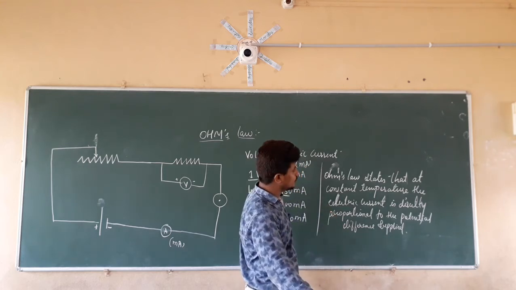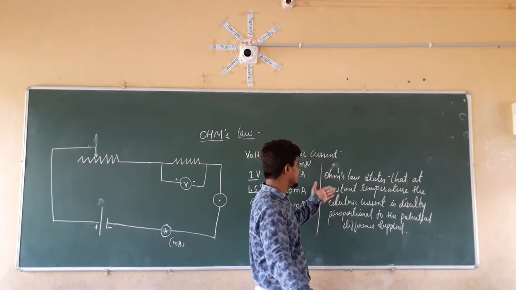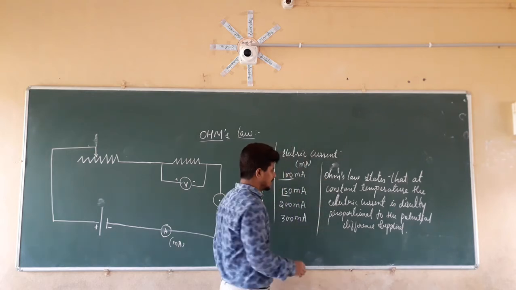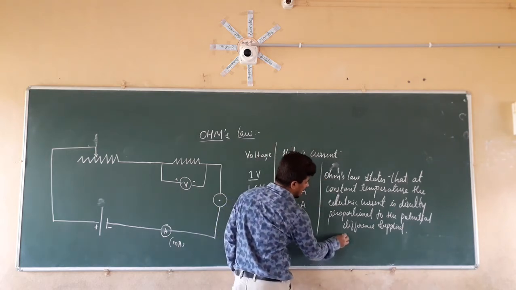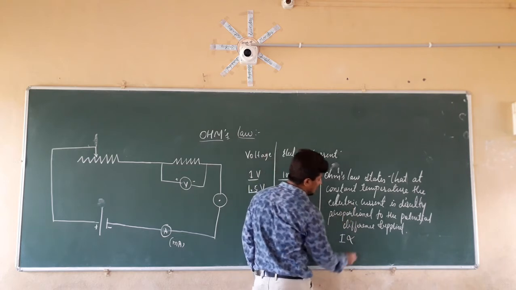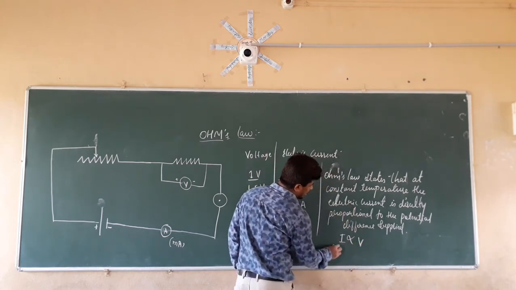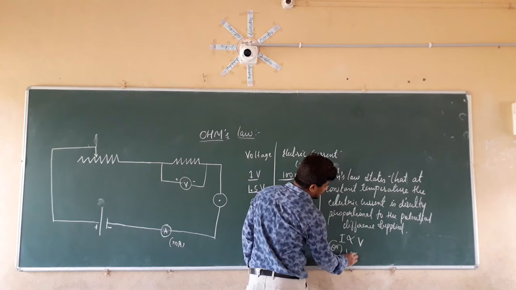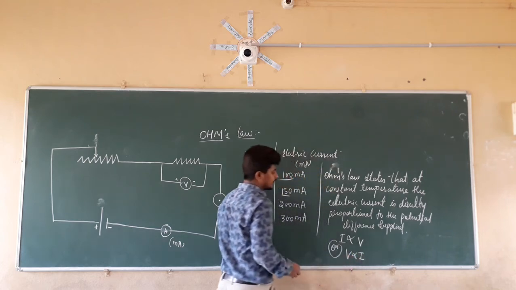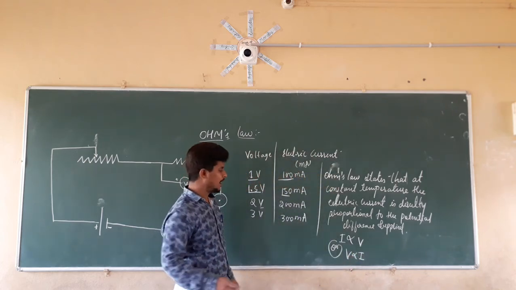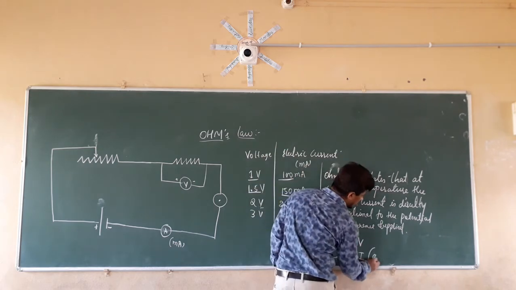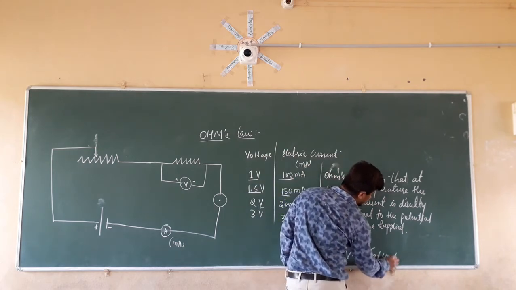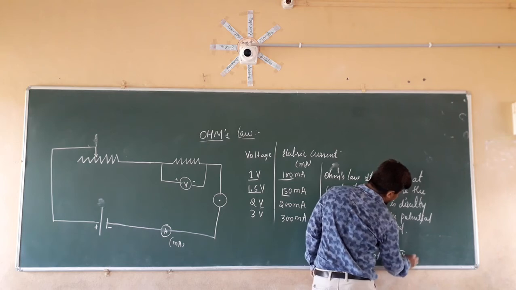So how are we going to write the proportionality? V is proportional to I, at constant temperature.